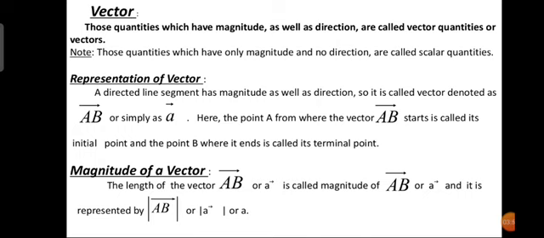It is represented by the modulus of vector AB, which is the magnitude or length of the vector.